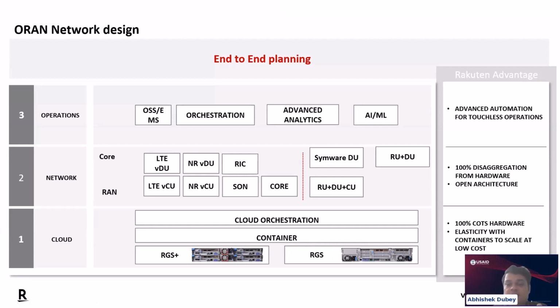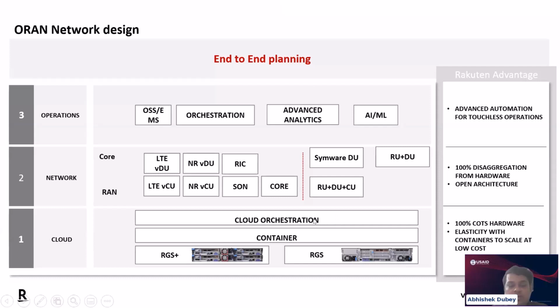Let's say on a laptop you cannot run Microsoft Office without installing the operating system. The same thing is here: a server cannot run an application without installing the OS. So you first install the host OS, and then the Kubernetes environment.